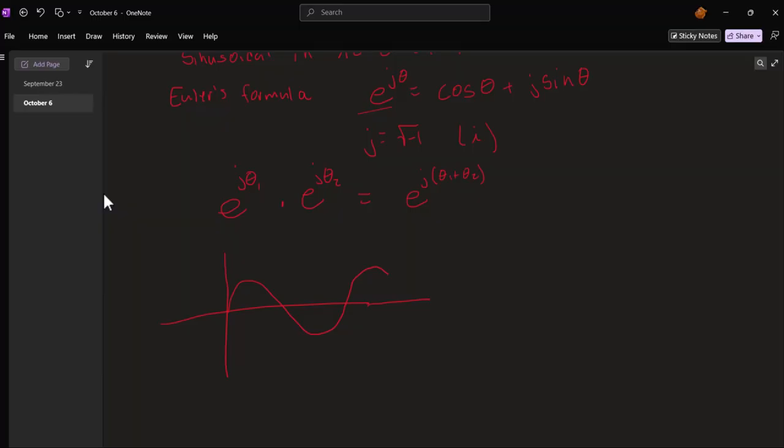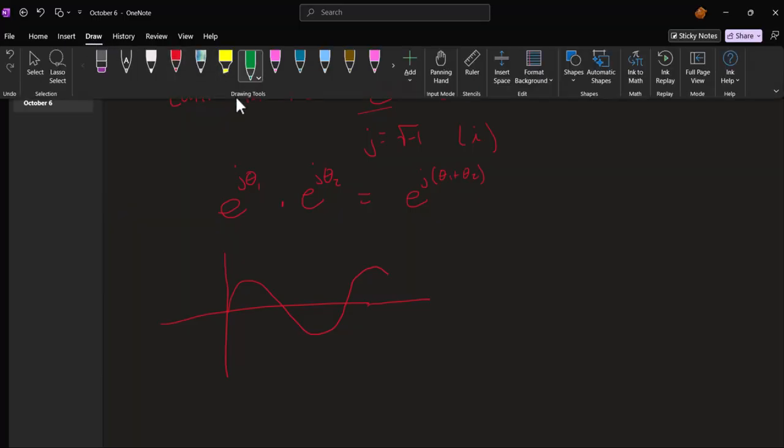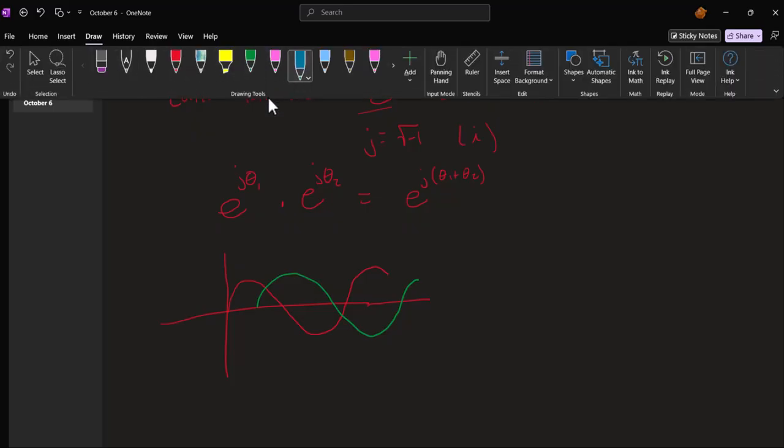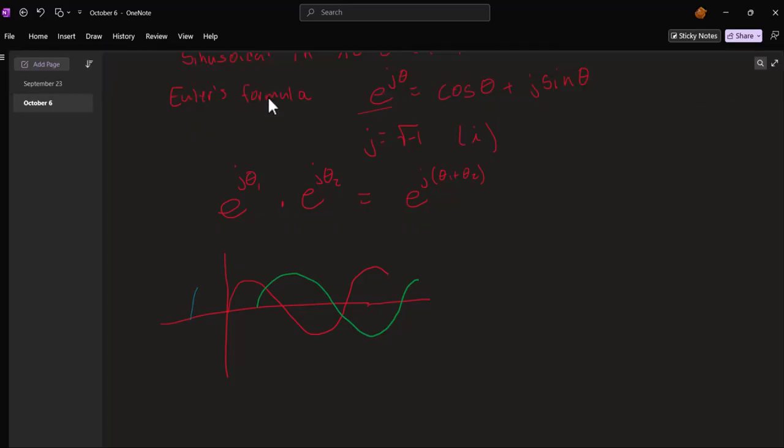If everything in my circuit is operating at the same frequency, then they all look kind of like this. They might have different amplitudes, but if they all have the same frequency, what's really important is their phase shift, how far apart they are from each other.